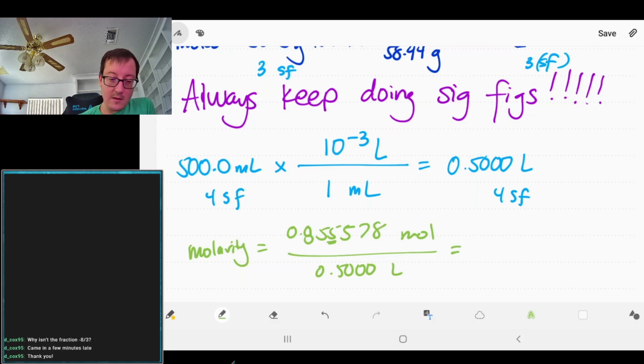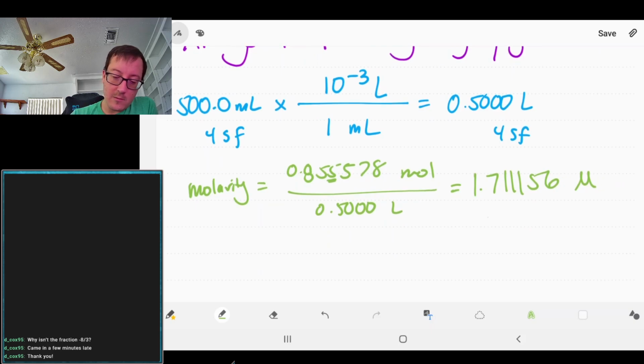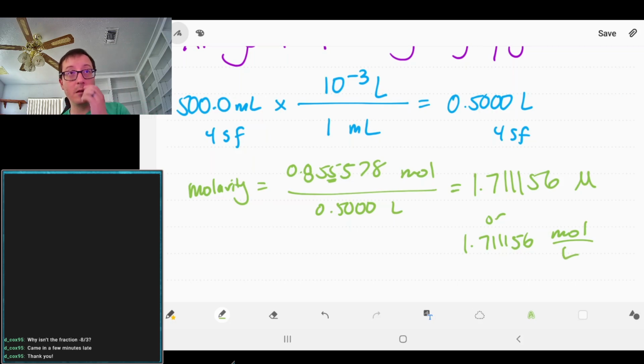And so, as a result, at the end of this, calculator time, we get 1.71156. You can leave it as capital M or moles per liter. Either way is fine. Capital M is a unit which stands for moles per liter.